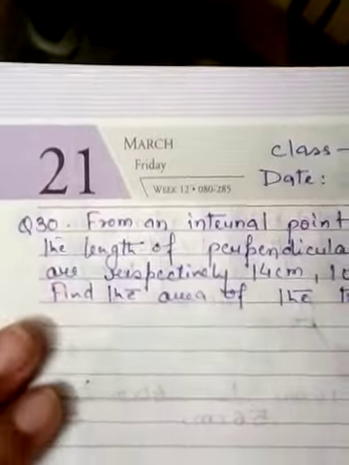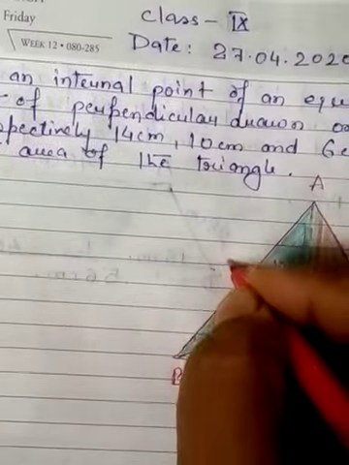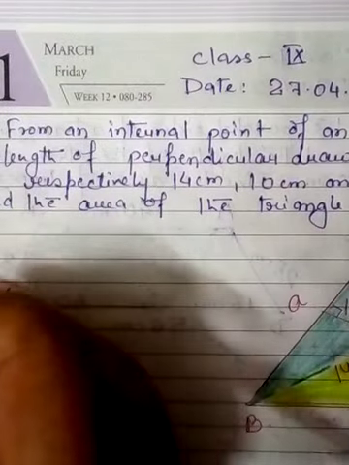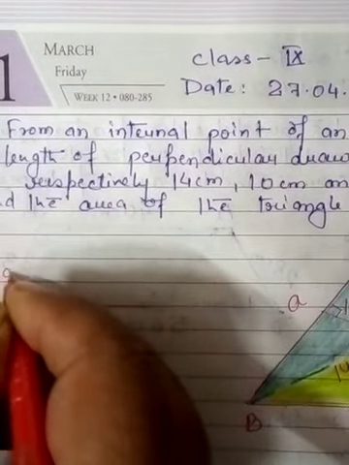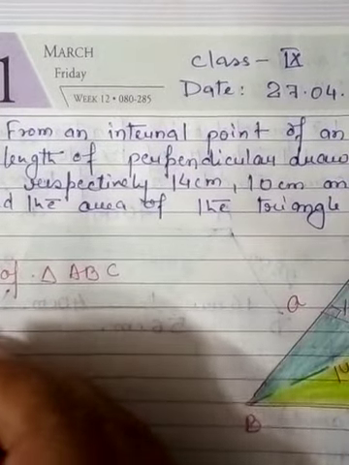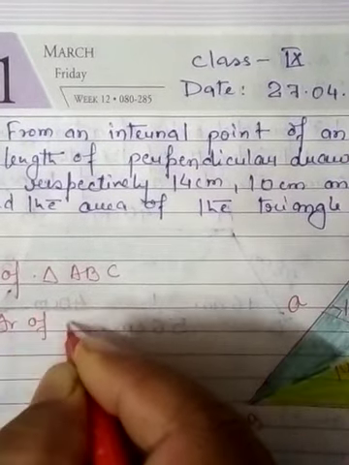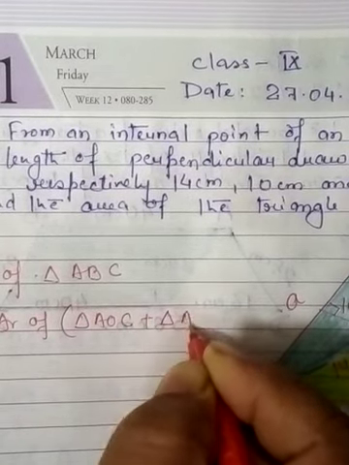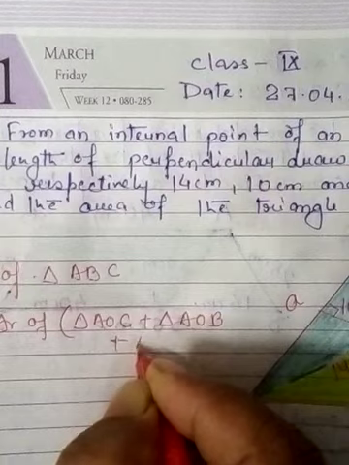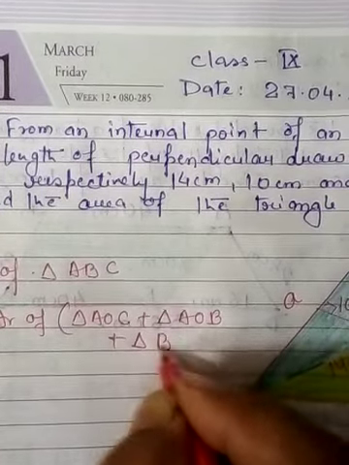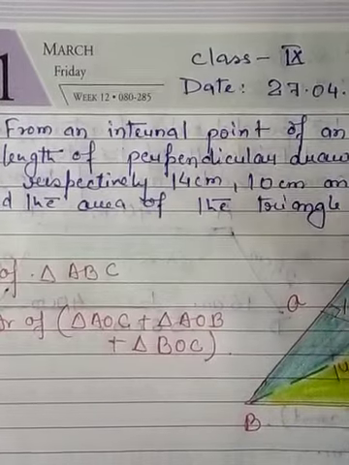Since this is an equilateral triangle, all sides are equal, let it be a. So I can write here, area of triangle ABC is equals to area of triangle AOC plus triangle AOB plus triangle BOC.